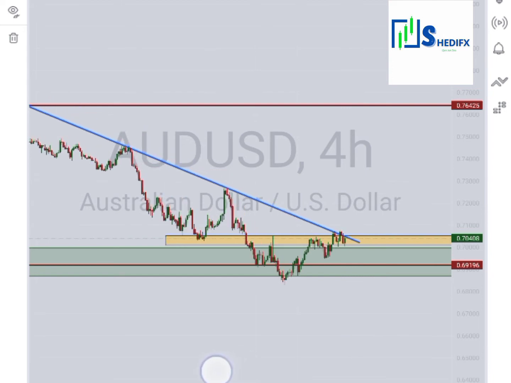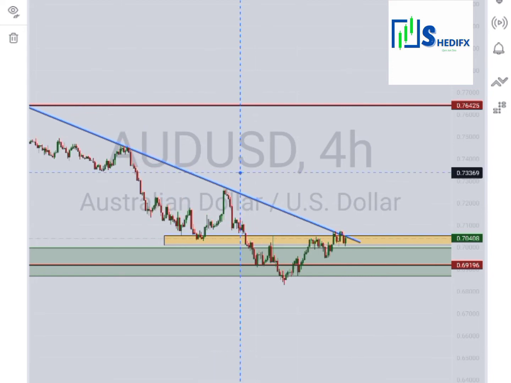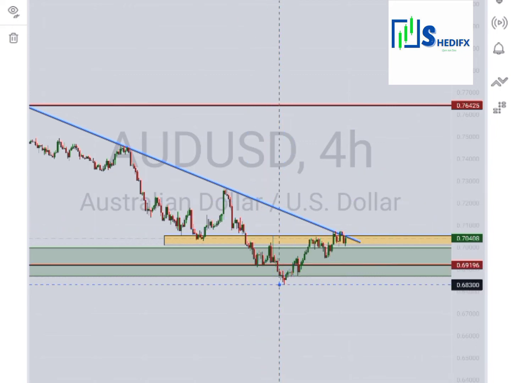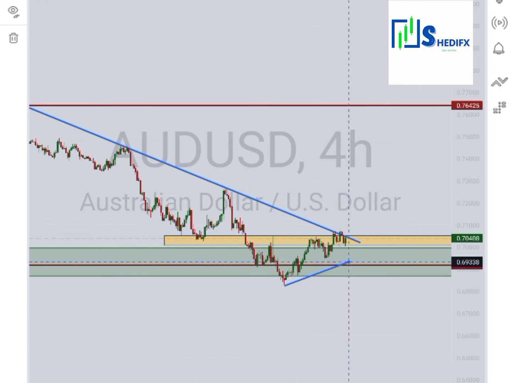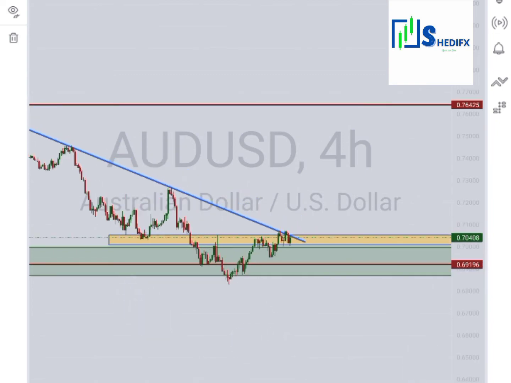Okay, so if you can see, we still have a trend line that has been coming all the way from the down, like a retracement trend line, should I say, an uptrend on the 4-hour time frame. So this is my anticipation for the AUD USD.